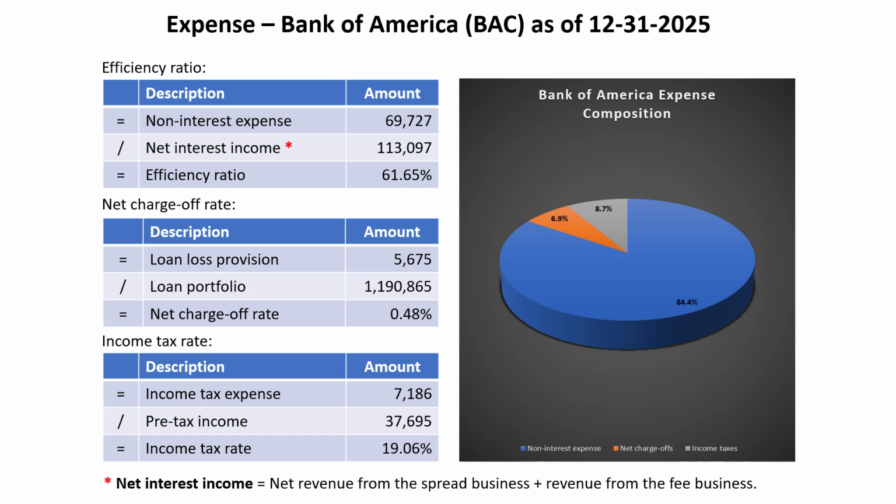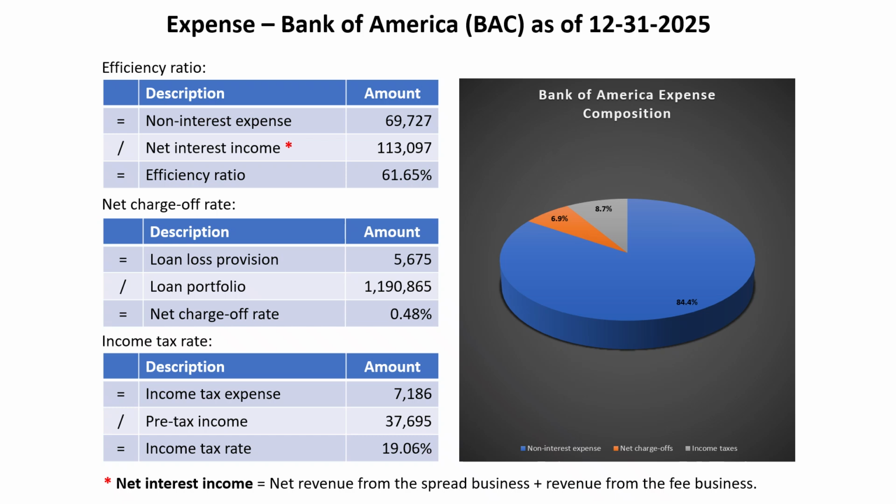The next thing we want to look at is Bank of America's expenses. The first thing we want to do is look at that first table, which is the efficiency ratio. Now, this is a real hot topic in banking. Basically, what we do is we take my non-interest expense, which is employee compensation, bonuses, employee benefits, leases on my branches, all that kind of stuff, and I divide that by net interest income, which we define here as the income from the spread business plus my income from the fee business.